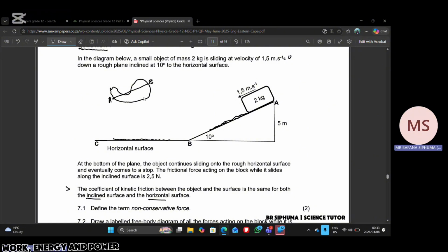And this is my point B. So this question implies that for a conservative force, either if you are moving this way from A to B, or you are using this other way to move from A to B, the work done is equal for both scenarios, because it is independent of the path taken.